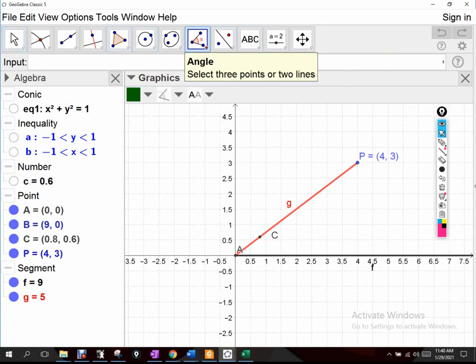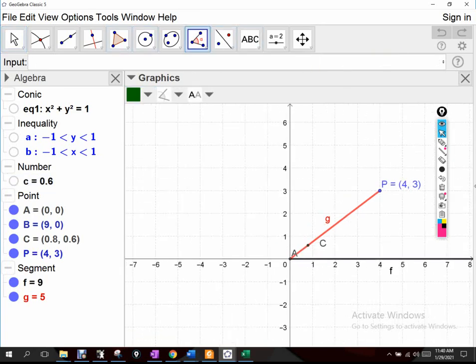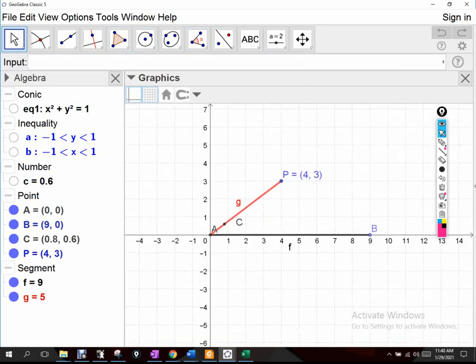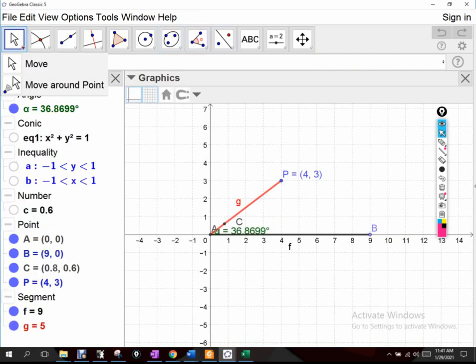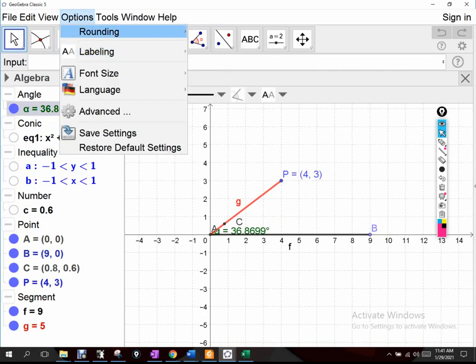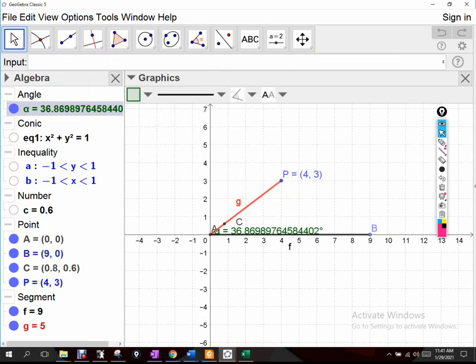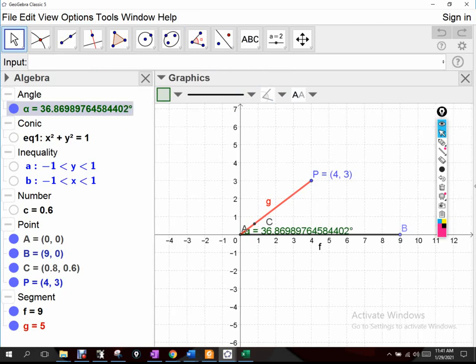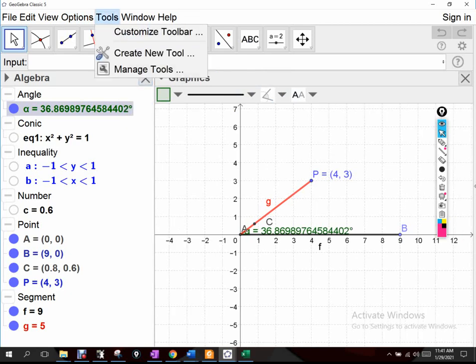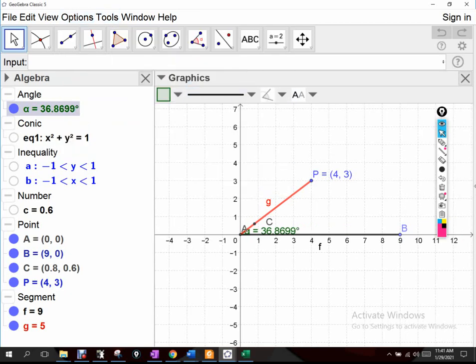Now, if I look at this angle, let GeoGebra calculate this angle real quick for us. 36.8699. Okay, and I think we can probably justify that that's not the exact value, but it'd be close enough. We'll go to 4 decimal places.